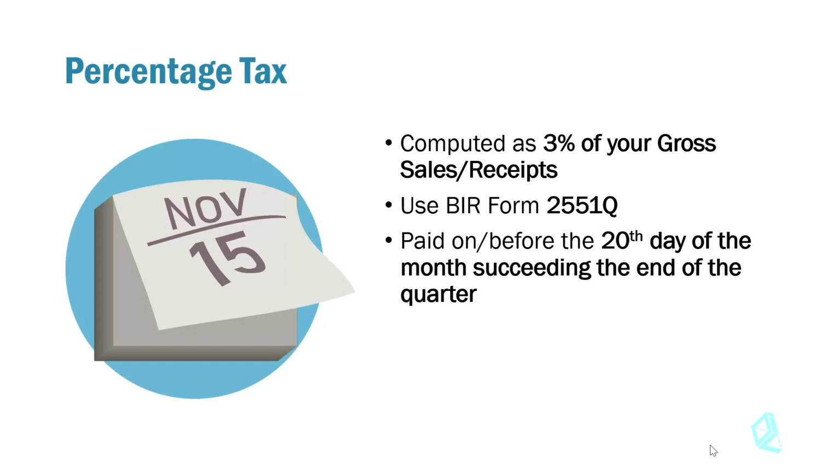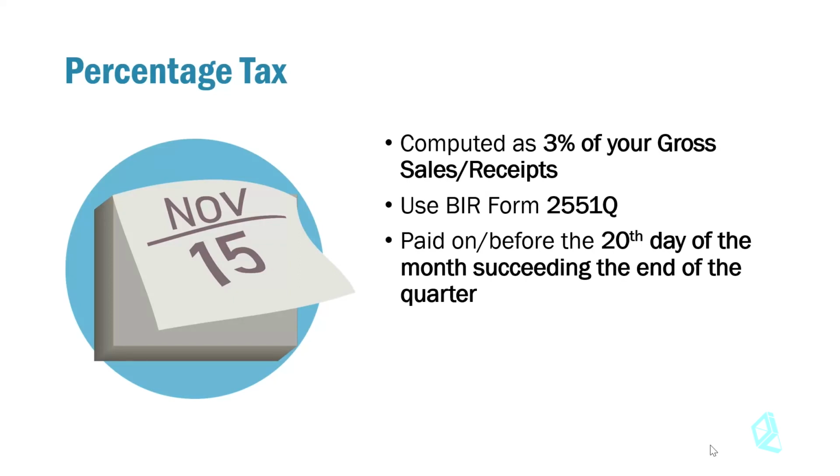It is computed as 3% of your gross sales or receipts in a quarter. So this is one of the unique features of percentage tax, which distinguishes it again from VAT, is that percentage tax is paid on a quarterly basis, not on a monthly basis, which is the payment period for VAT.